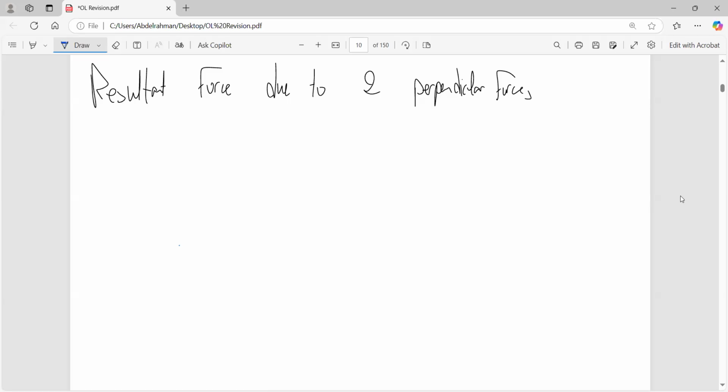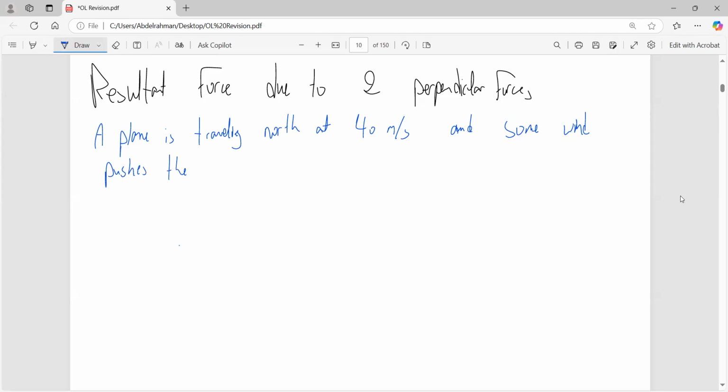For example, if an airplane is traveling north at, let me give you some not so intricate numbers, 40 meters per second, and some wind pushes the plane at 30 meters per second due west.